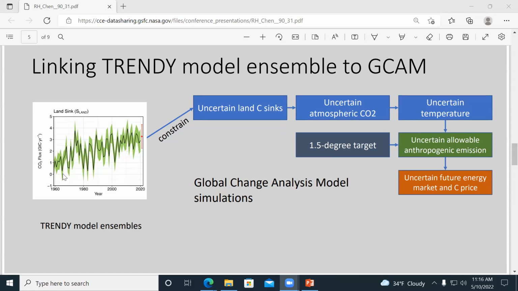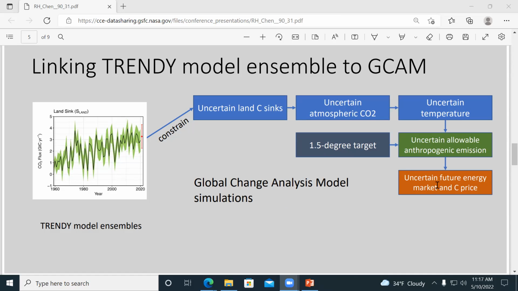Basically, what I did is use 11 vegetation model results from the TRENDY model intercomparison project to calibrate or constrain the land carbon cycle module inside GCAM, and run a bunch of global GCAM simulations targeting 1.5 degree climate goals.